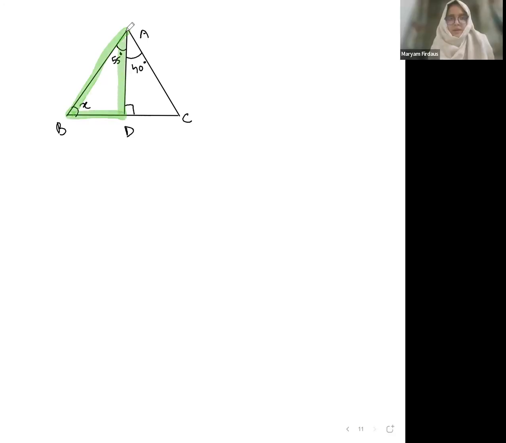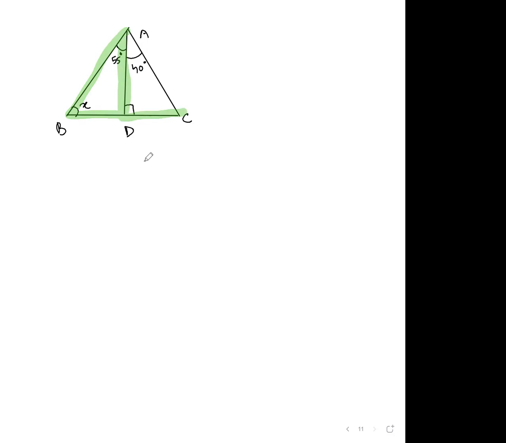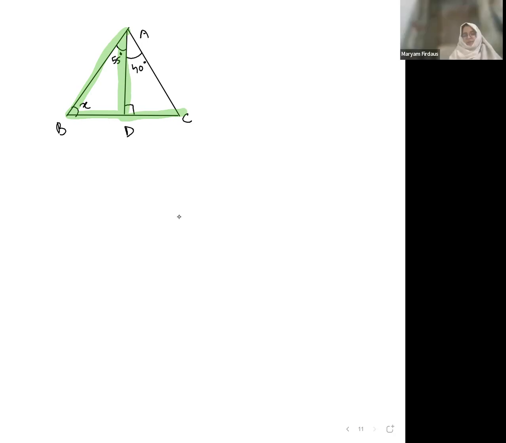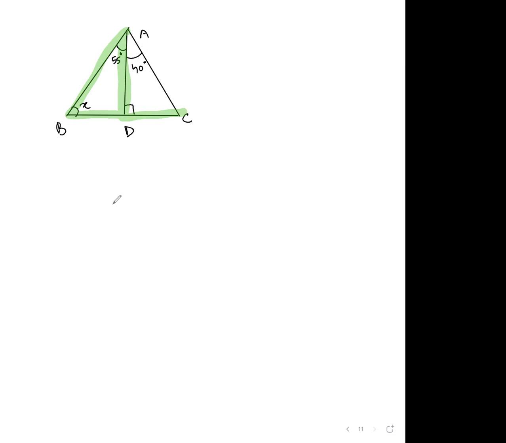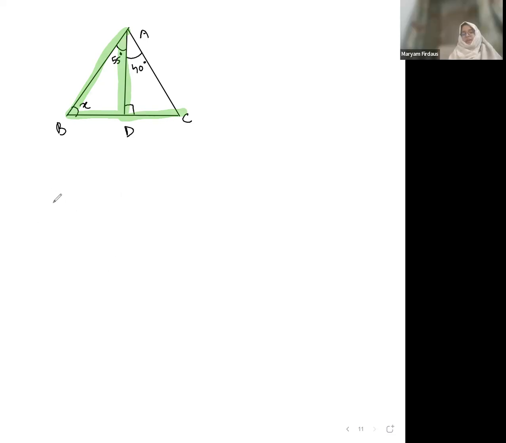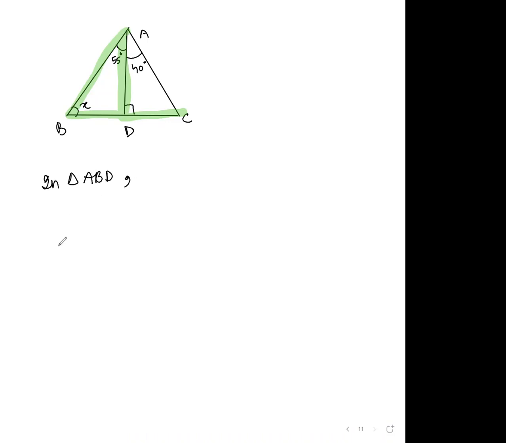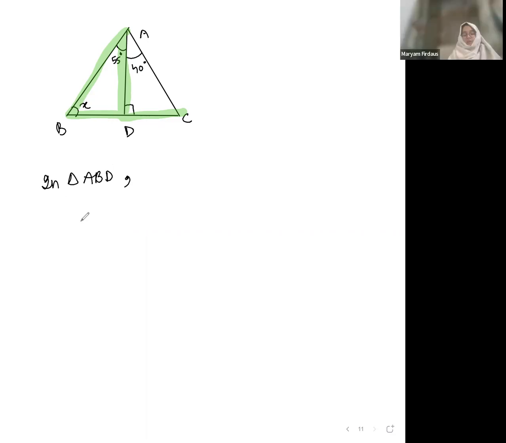Hiba, look at this triangle. Can you tell me over here if there is an exterior angle? Which one is the exterior angle? Angle ADC. Very good. So what shall we write due to the exterior angle property? Apply the exterior angle property.